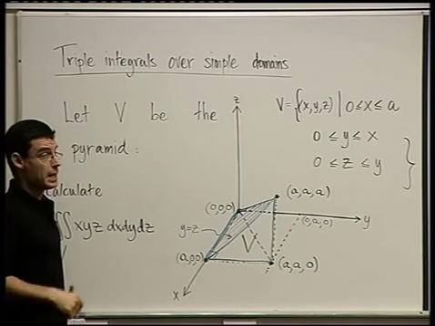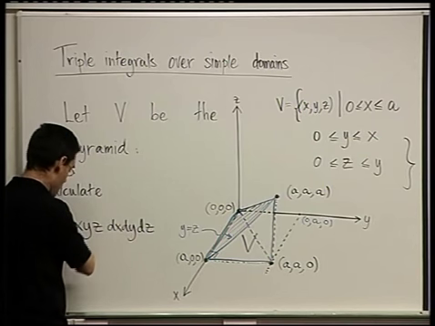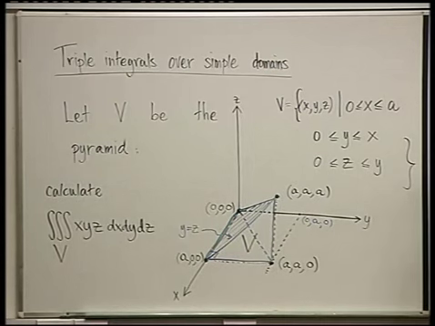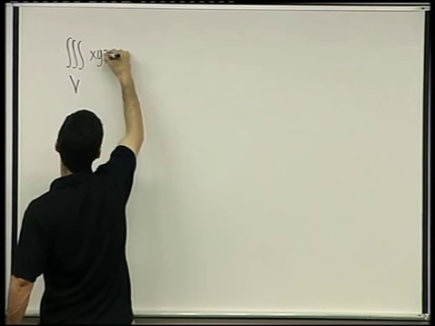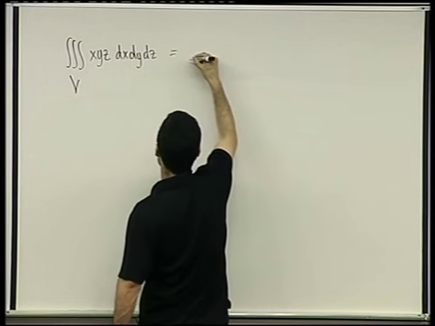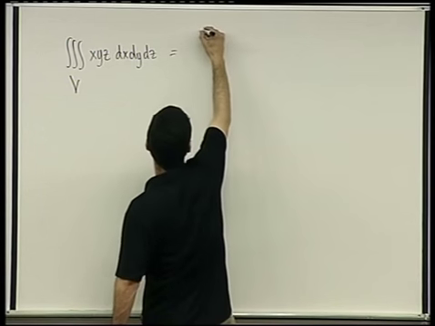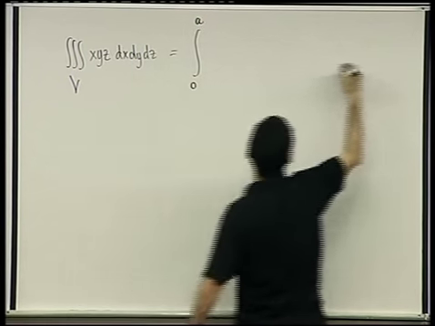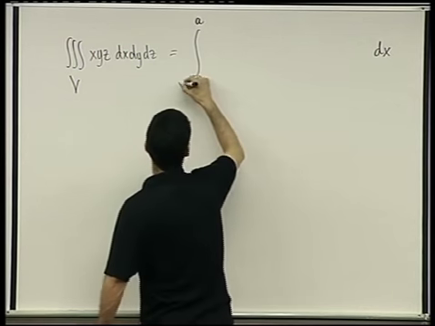Now what is the integral? The triple integral of the function over this domain V is going to be, here it is, the triple integral over V of the function x, y, z, dx dy dz equals, and I'm going to just write it as iterated integrals, and it's of course important, the order. So the outer integral dx, where x ranges, let's write all the details.